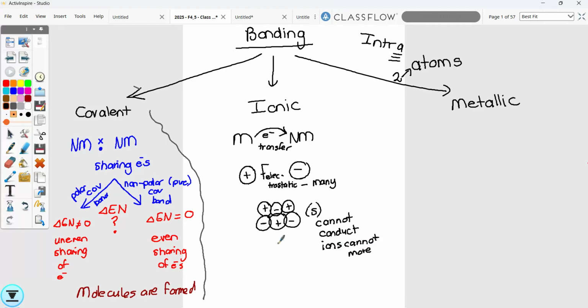How can I get them to conduct? This one we actually did just the other day. How can I get an ionic substance to conduct? There's 2 ways. I need to make it an aqueous or a liquid, because then, in both of these forms, the ions are free to move and conduct.